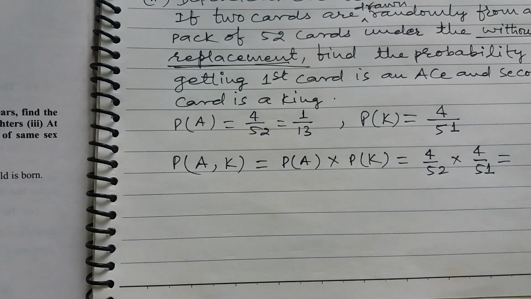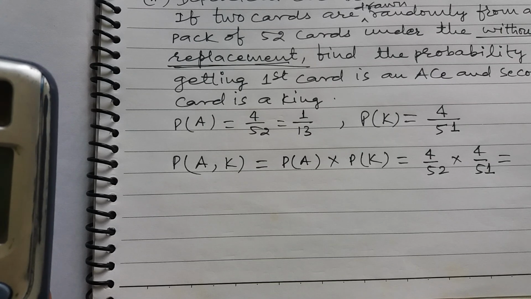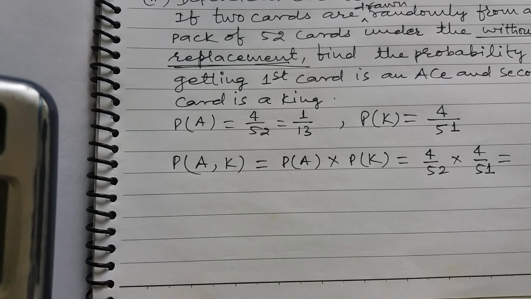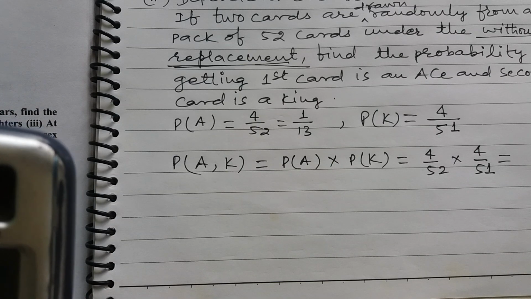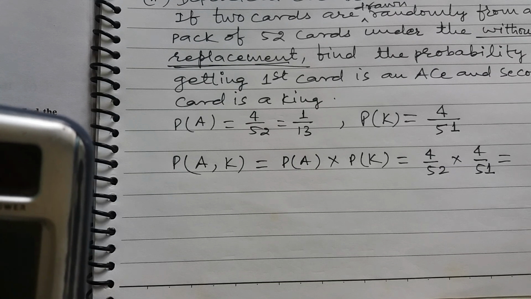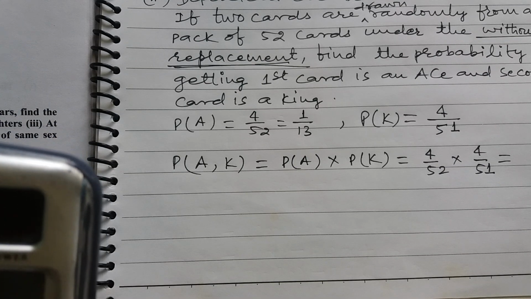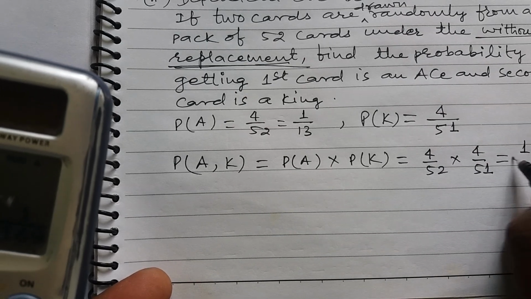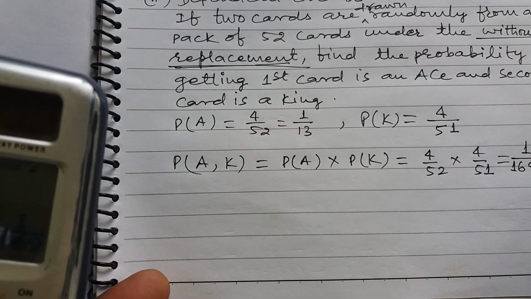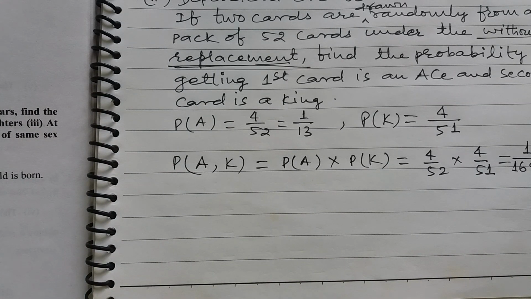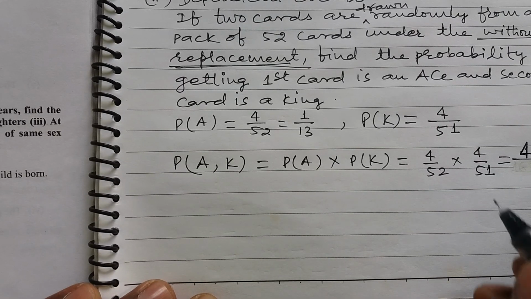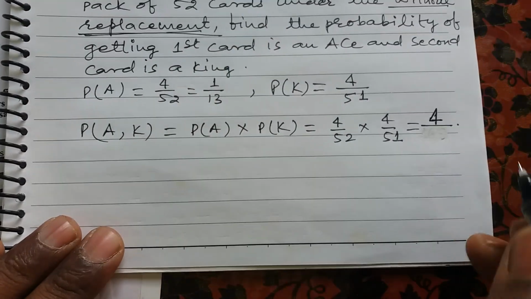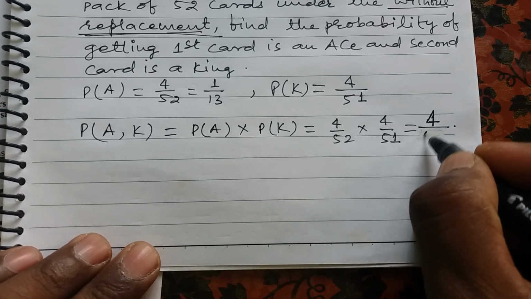Multiply it by the help of calculator, then we will get here, 4 by 52 multiply again 4 by 51. Result is 4 by 663.